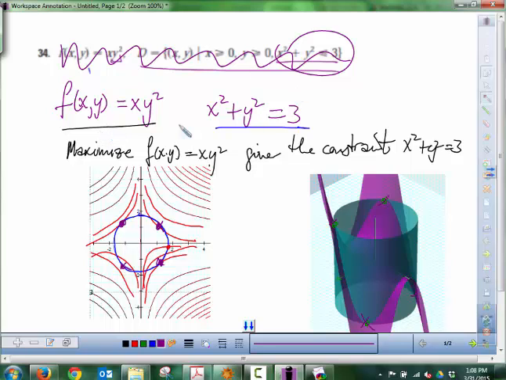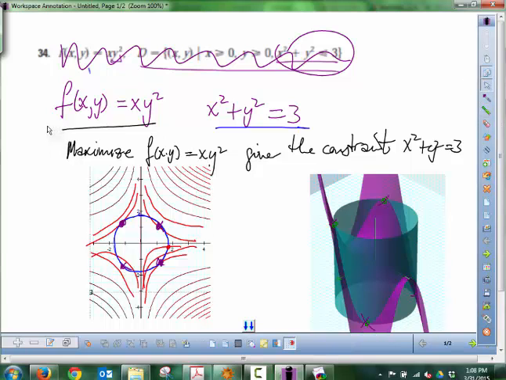So this is our situation. We want to maximize this function given this constraint. So let me just copy and paste that somewhere else.